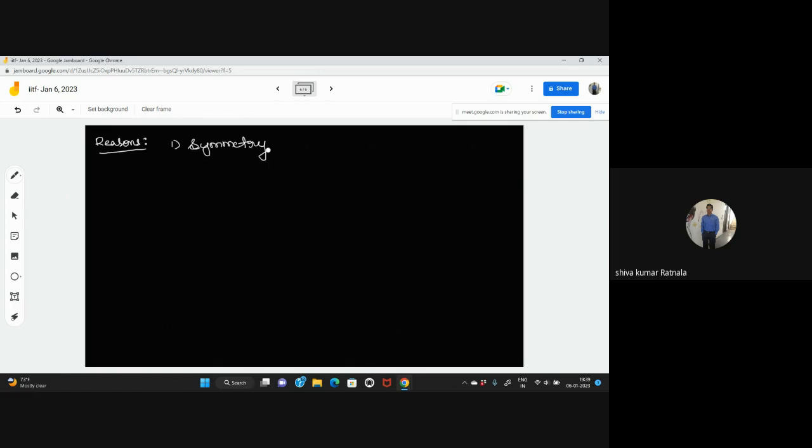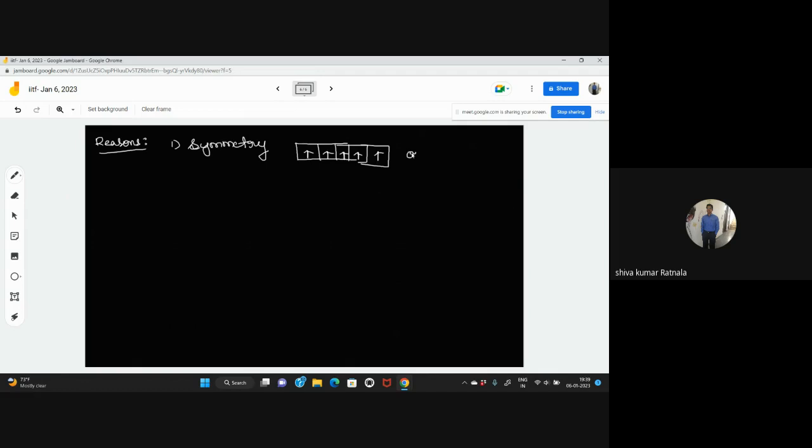Now say if I'm taking d5 electrons as per Hund's rule, how will we write? We will write like this, and all electrons have the same direction.